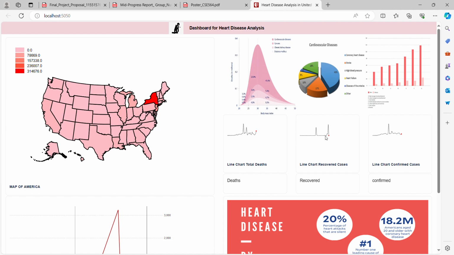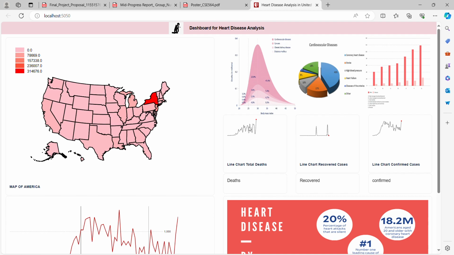I added this dynamic element because it gives more effect, and I don't want the direct numbers shown, because the death numbers are quite large. So we can have the flip cards here, and you can see the changes in the line charts as well. I created the line charts according to the spread. So these are the interactions.